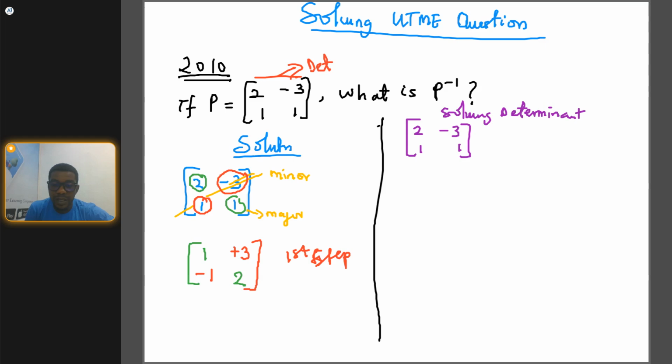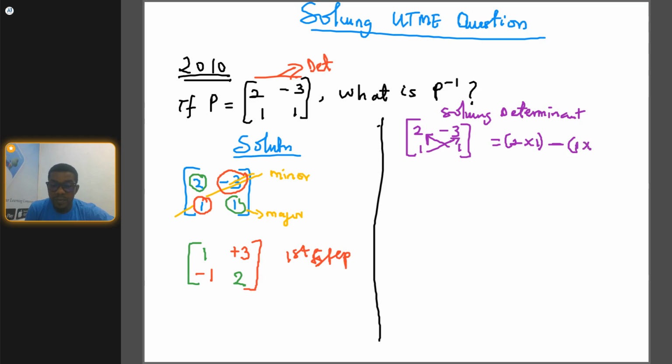How do you get the determinant? Very simple. It is the multiplication of the elements of the major diagonal, that is 2 times 1, then the natural minus in between in the formula of a determinant, then 1 times minus 3.